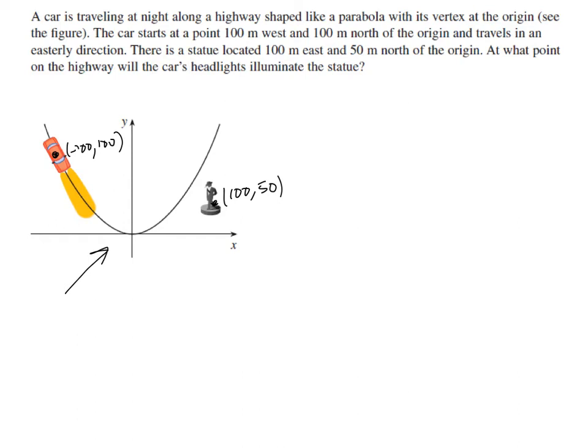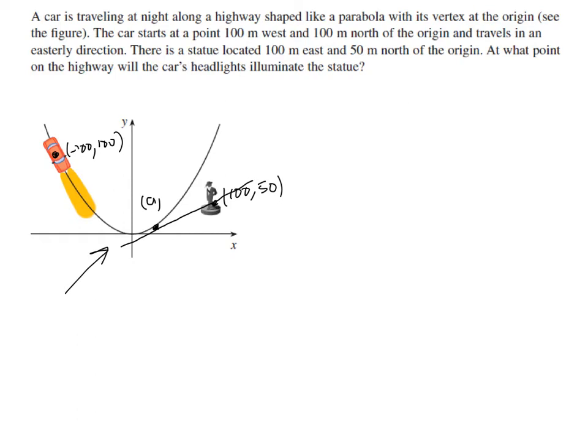This means I have to find the tangent line to the curve somewhere around here, which goes through this point. This point where the tangent touches the curve is where the car is supposed to be. So I have to find this point. Let's call this point with the x coordinate a, and the y coordinate is going to be the equation of the curve.